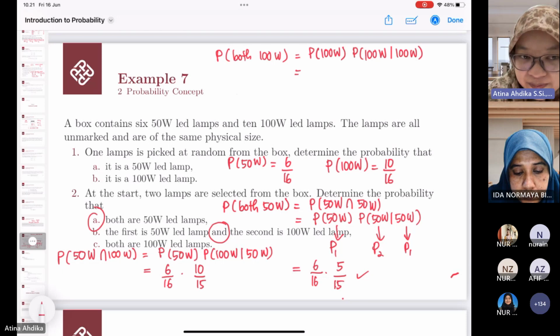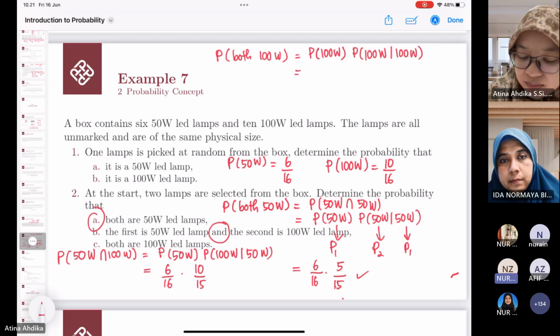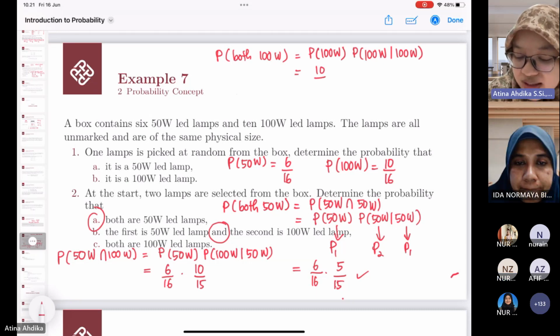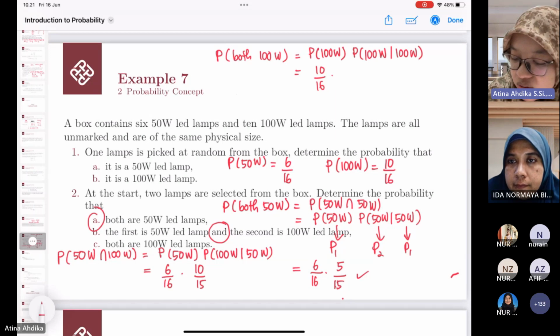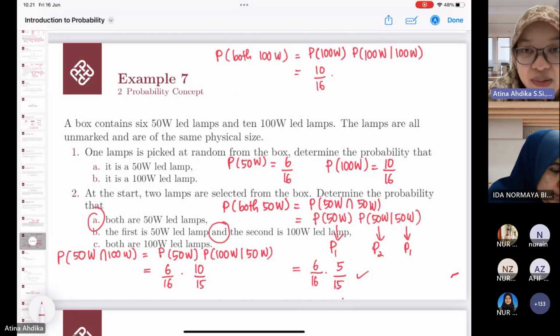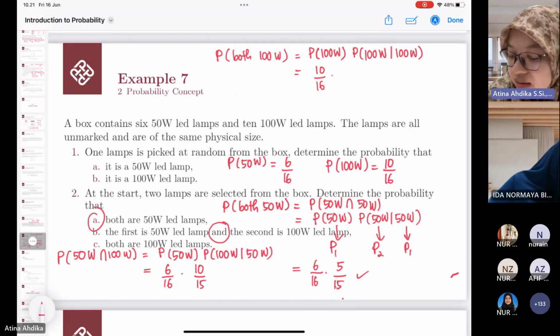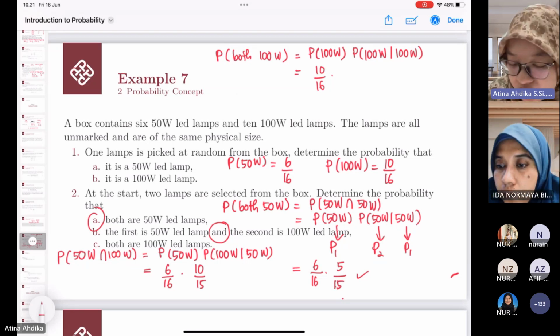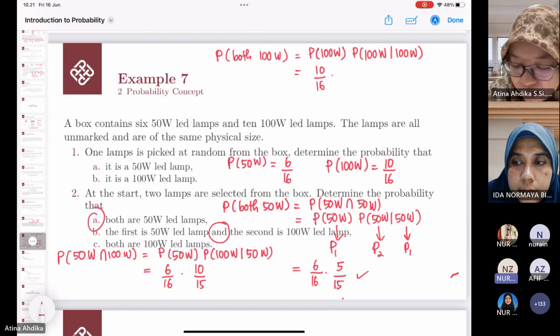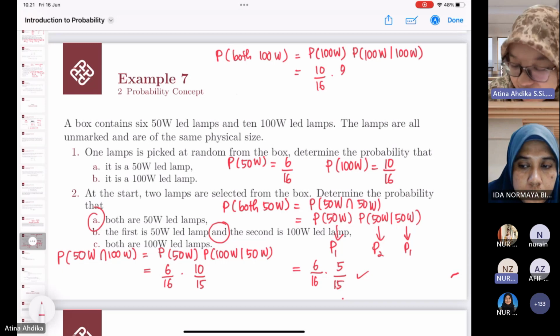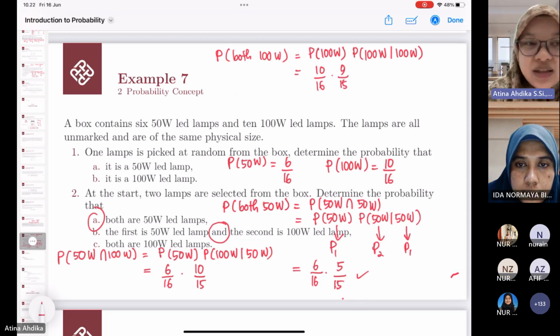Anyone can answer? 10/16. Yeah, 10/16. So what is the conditional probability that the second lamp is 100 watt, given that the first lamp is also 100 watt? 9/15. Yes, right, 9/15. So this is the basic concept of the conditional probability.